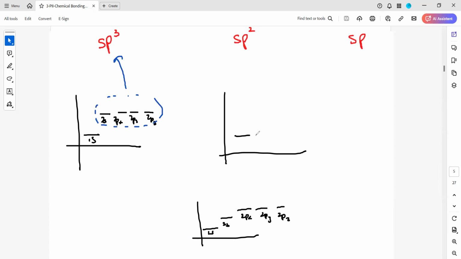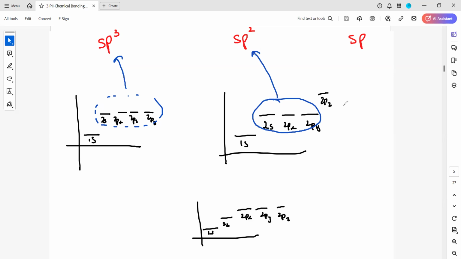What happened in sp2 hybridization? 2s, 2px, 2py will have the same energy and 2pz will have a higher energy. So when two of the p orbitals and one of the s orbital have the same energy, we call that sp2 hybridization.